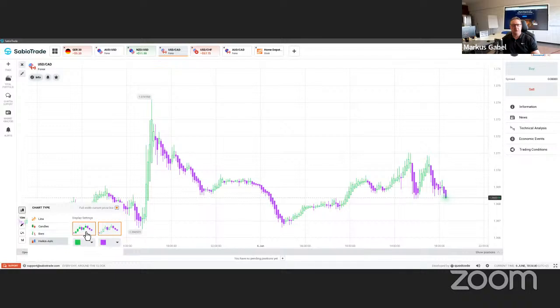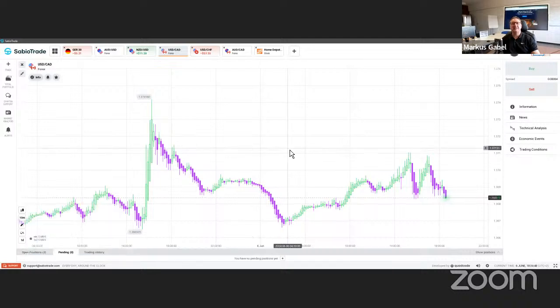Here you can switch between full candles and not full candles, and you can use the colors. Heikin-Ashi is a trend indicator, which shows you that if the color is green, we have more volume on the buyer side. If the color changes to the other one, then the price turns around.